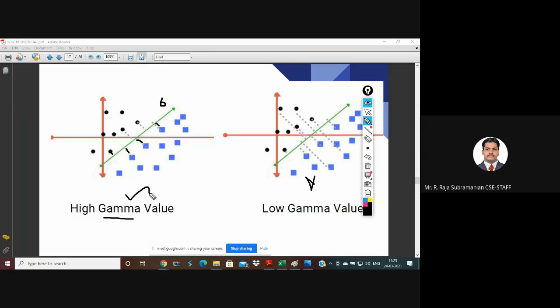So every comparison accounts to a computation cost, and the overall complexity of the model also increases. It is not only about the accuracy, because if the training accuracy is higher, no one is going to bother. I was bothered only about the test accuracy or the score accuracy. So overfitting can also be possible when you use a low gamma value, right?